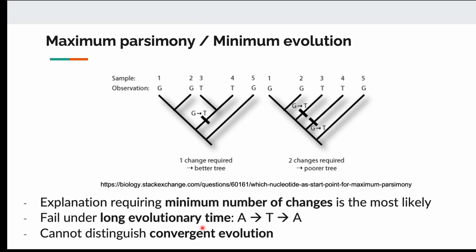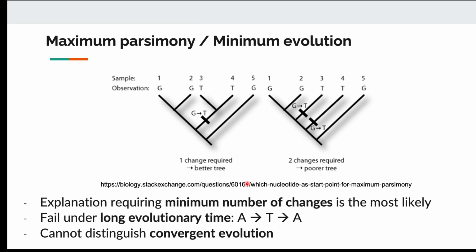This can occur, but it's unlikely most of the time. If you see the same mutation in species that can be related, usually this mutation occurred once, sometime in the past. So that's why maximum parsimony and minimum evolution is a simple way that we can use to get a quick estimate of the phylogenetics for our data.